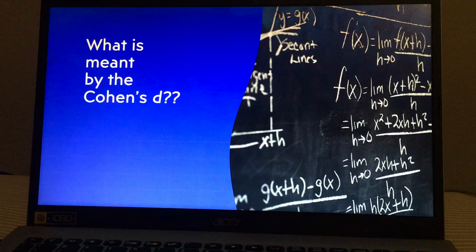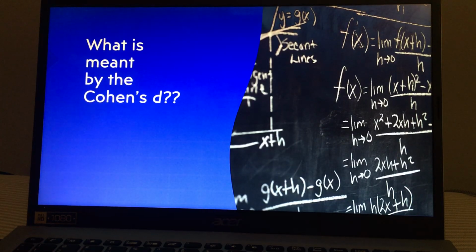It is a very simple measure in principle, but it has quite a few wrinkles once you start digging into the details. Jacob Cohen himself defined it primarily in the context of an independent means t-test, specifically the Student t-test.